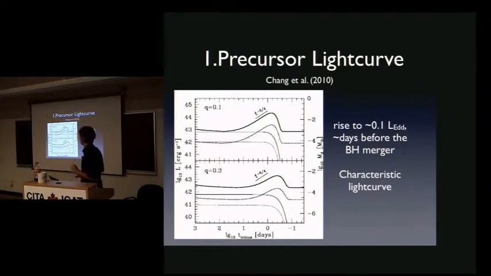But that is an interesting scenario for a precursor light curve with a typical shape that is predicted purely on simple physical arguments. Even if you have a tiny amount of mass, the timescale is so fast, and the mass of the central black hole is large enough, that you get to this precursor event rising to typically maybe a tenth of Eddington in brightness, maybe days before the merger.